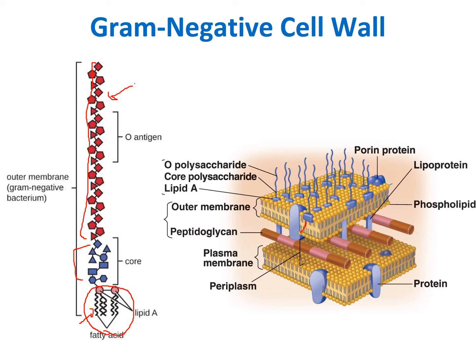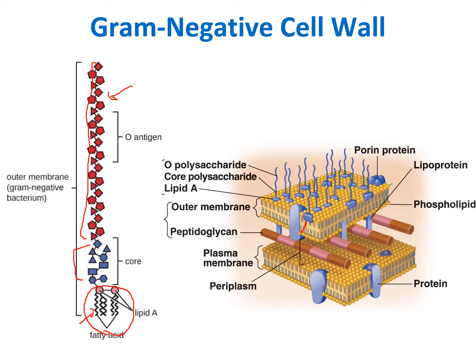So we can distinguish different strains of E. coli based upon their O antigens. Remember, a strain is simply a subgroup of a species that has a slight genetic difference that's distinguished by antibodies.